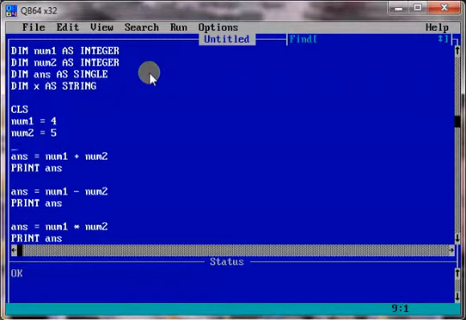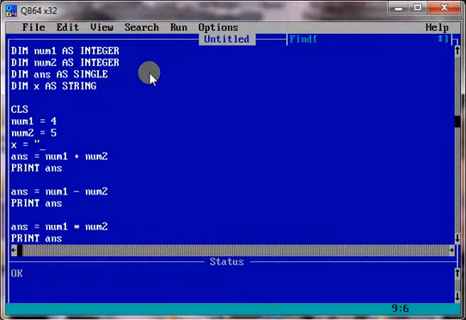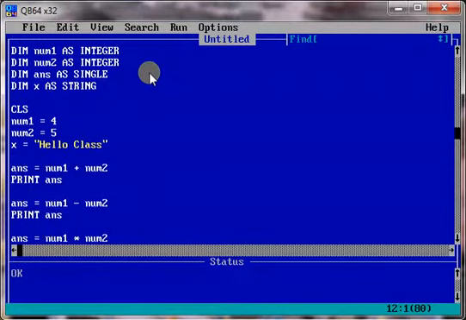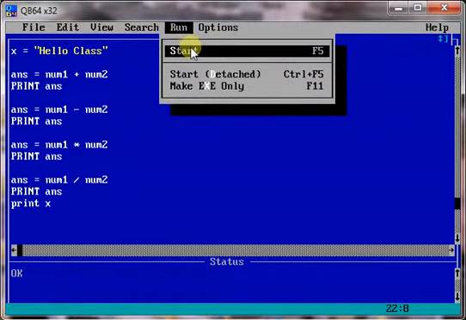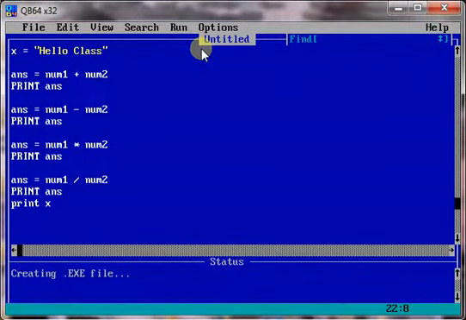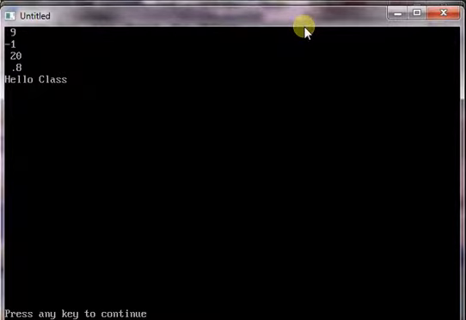Our x here is, so we print x. So let's run it. Here's the result. Well, thank you once again. We'll see you next class.